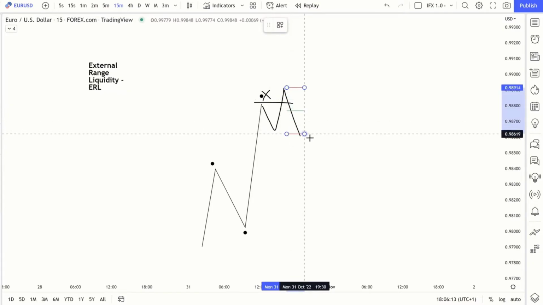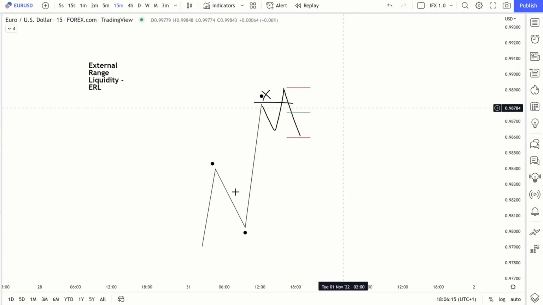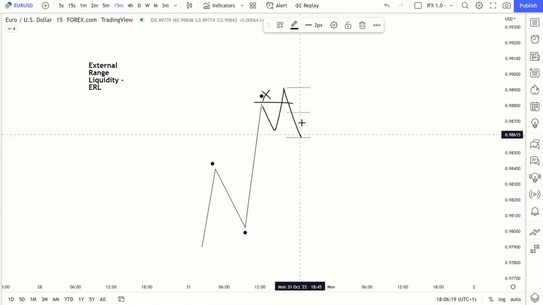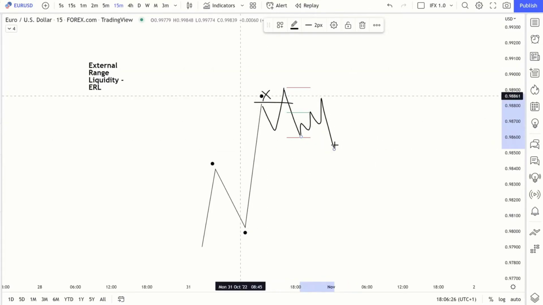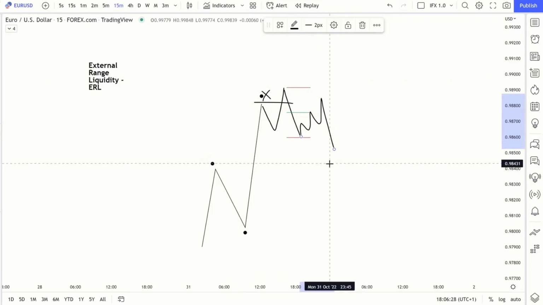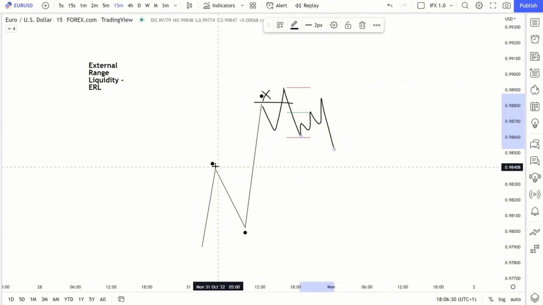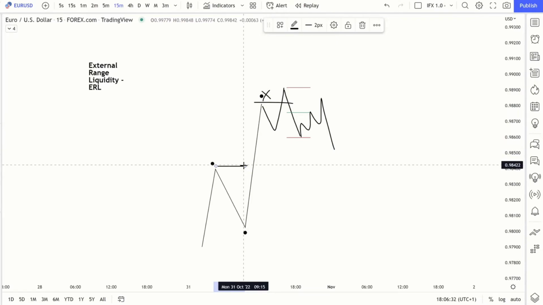I'll do a video on these at some point. Essentially all this is an impulse. What we're looking for is a correction and an impulse. Now, what else do we have here? We have a breaking market structure, and this is why it's so important to understand your bigger picture.